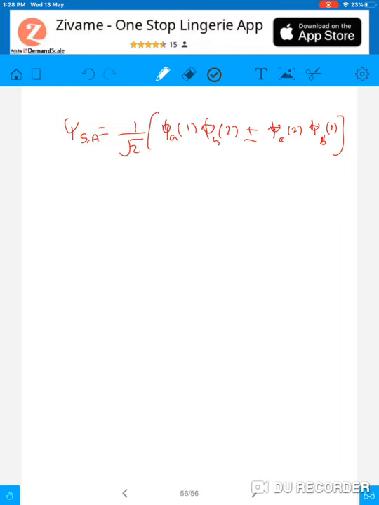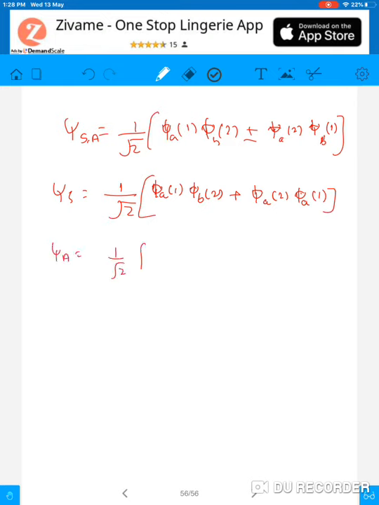For the symmetric wave function, ψ = (1/√2)[ψa(1)ψb(2) + ψa(2)ψb(1)]. For the antisymmetric wave function, ψ = (1/√2)[ψa(1)ψb(2) − ψa(2)ψb(1)].